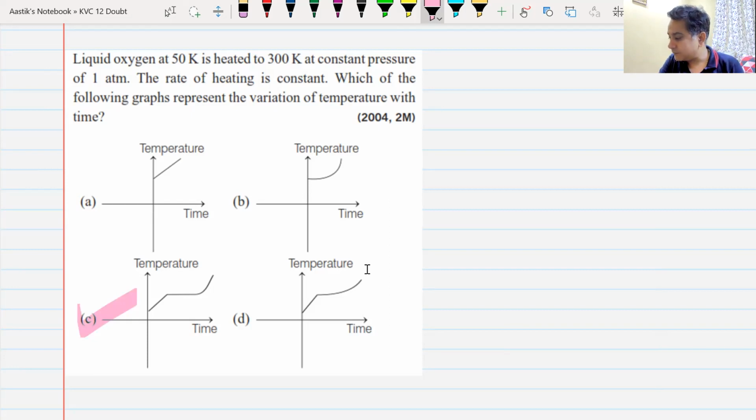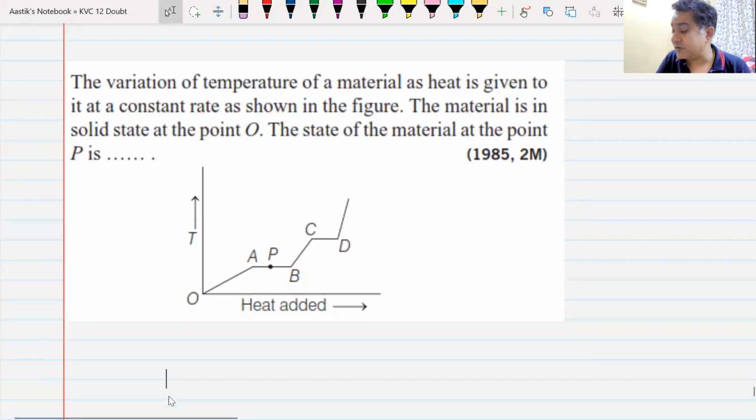Wait, sir. This is the actual question from which all of these questions were derived. It came in the JEE of the year 1985. That was the first time this question ever came in a JEE.